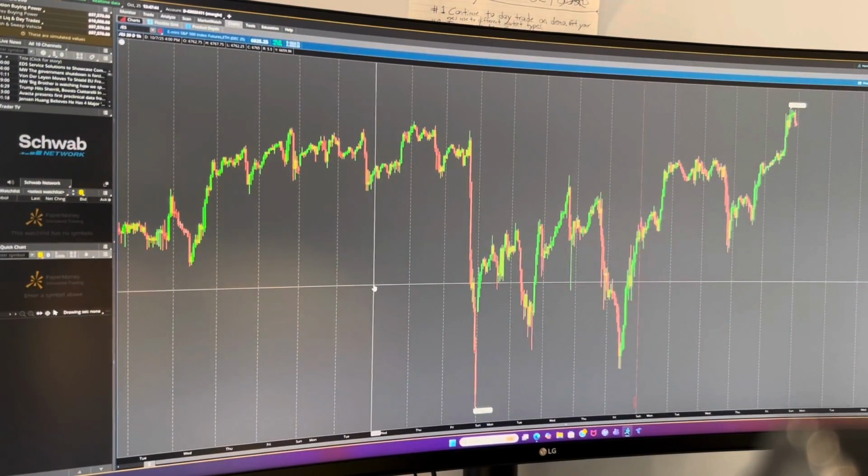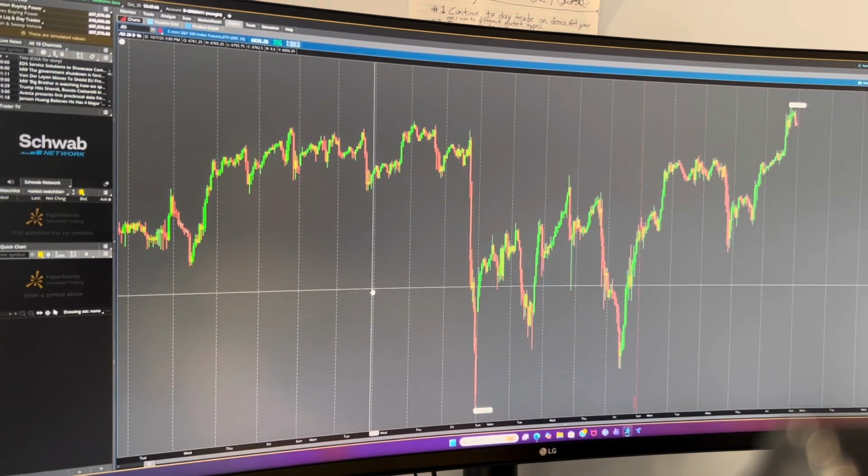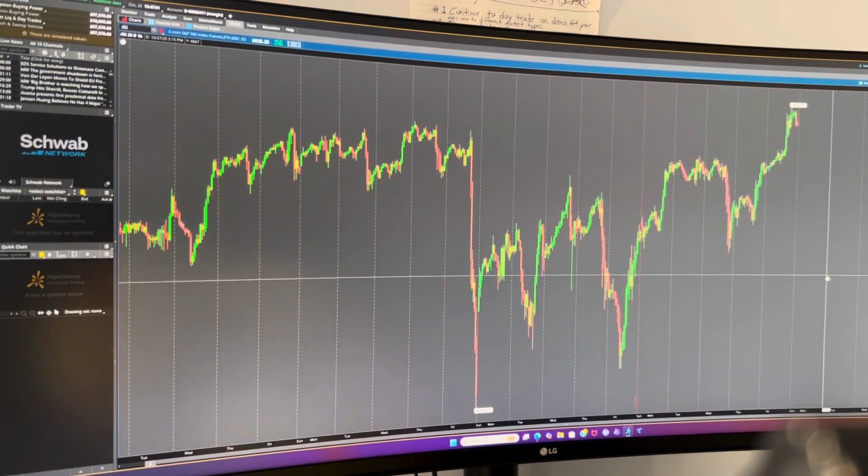All right, it looks like we're set up. Took me a second to figure this out. So I trade on Tradovate. That's where I actually enter, but I use the Thinkorswim platform to look at the charts because I like the Thinkorswim charts better. They look more professional.